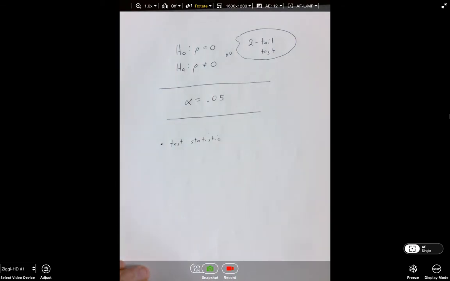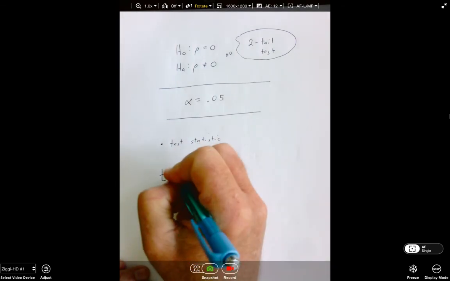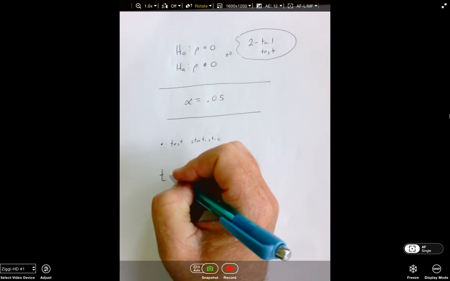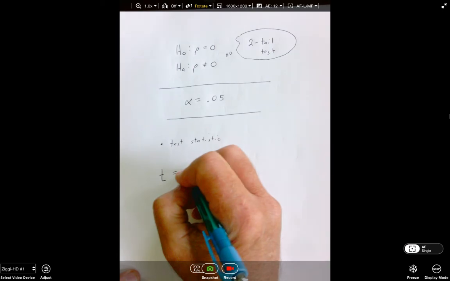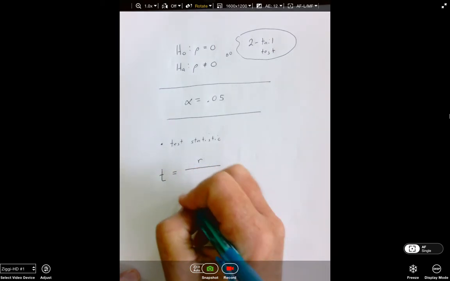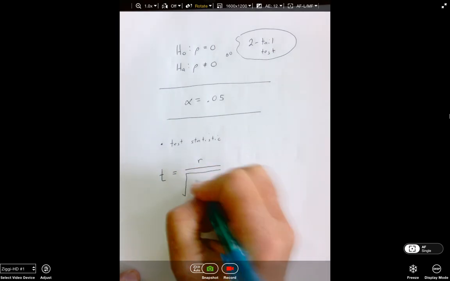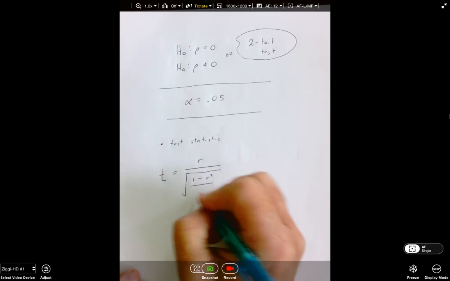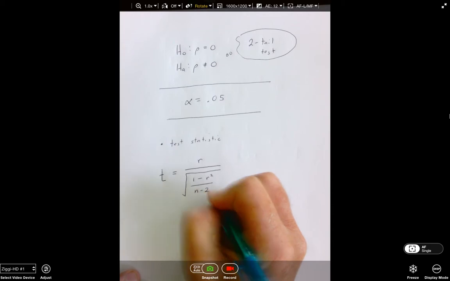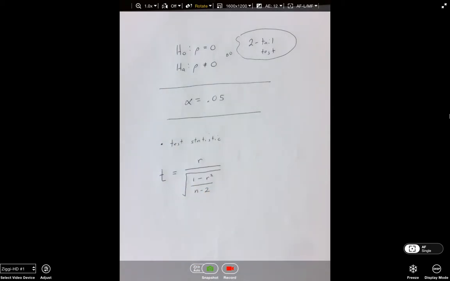The next thing we need is our test statistic. The test statistic for this type of problem is t equal to R times the square root of n minus 2 over 1 minus R squared. Okay, so it's that nasty mess. I hope I got that right. Let's see. Yeah.